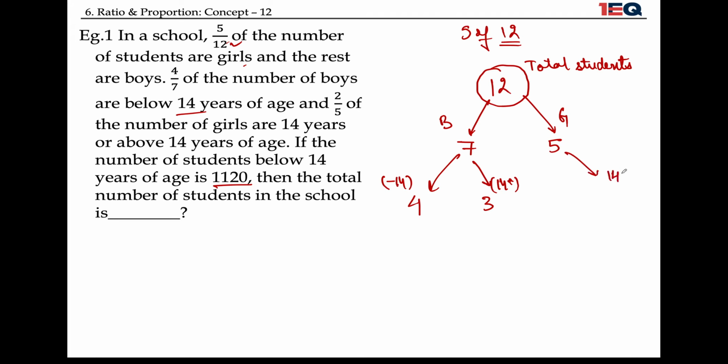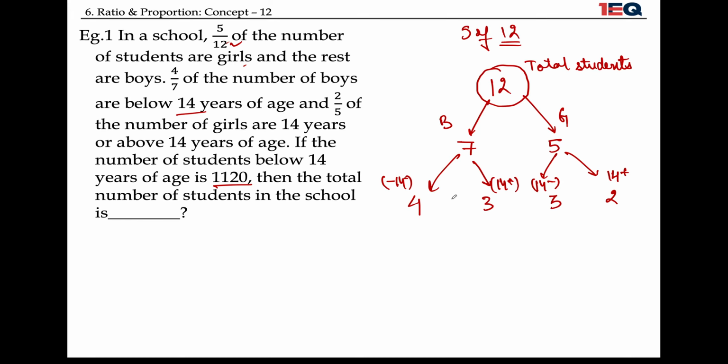If I'm denoting 14 plus over here and 14 minus over here, 2 of the 5 girls are above 14 years of age. So this is 2. And 14 minus comes out to be 3.